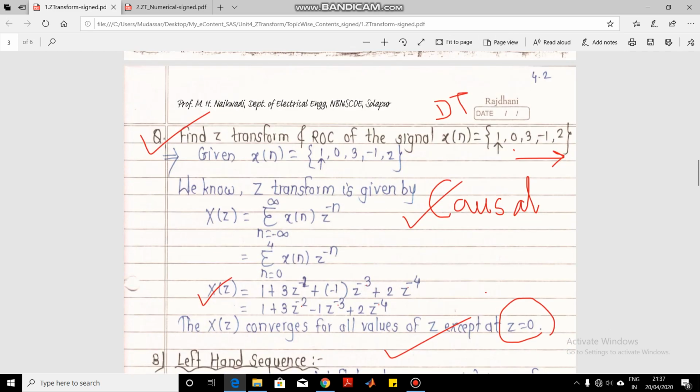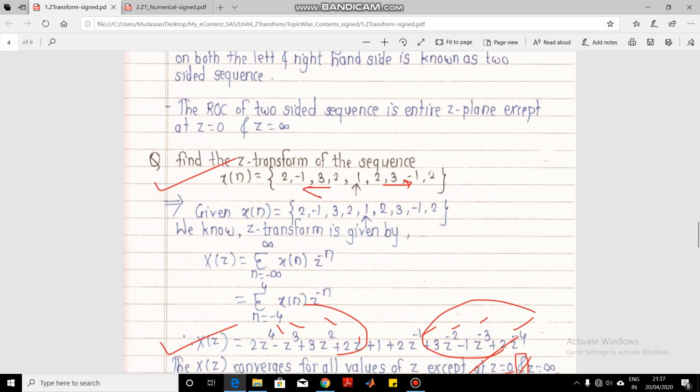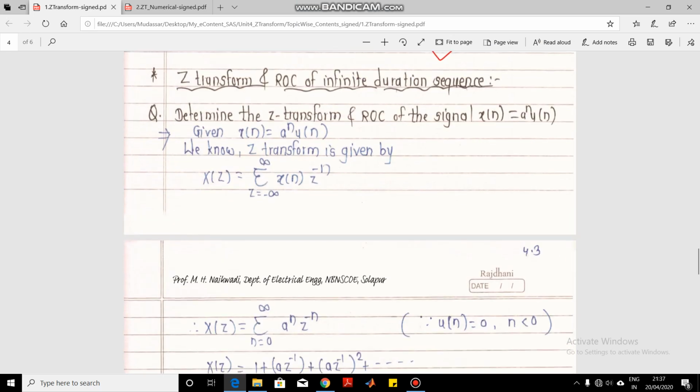In this case, there are 1 2 3 4 5 samples. Similarly, in the second numerical there are only 5 samples, and in the third numerical there are 1 2 3 4 5 6 7 8 9 samples. Now how do we compute the Z transform of a signal when the signal is of infinite duration?